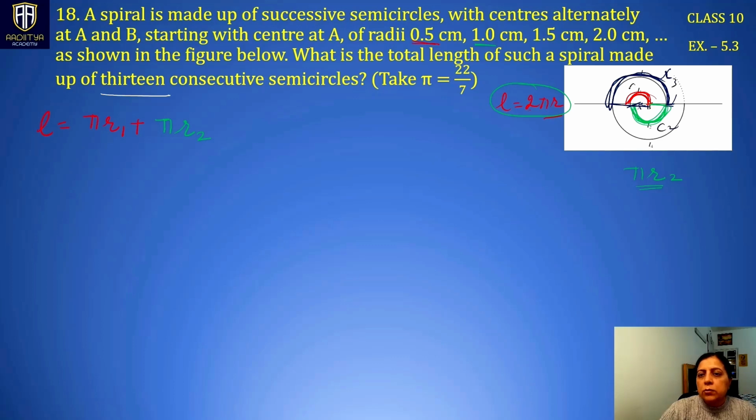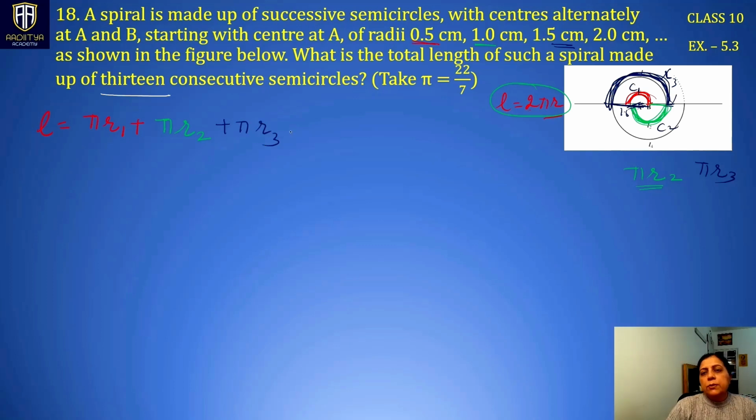This is C2, this is C1. C3 is this one, for which the center is at A and the radius is 1.5. Right? So the length of this semicircle becomes pi r3. So this is a sequence.